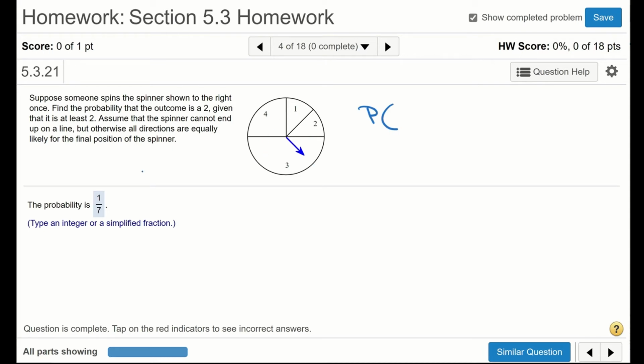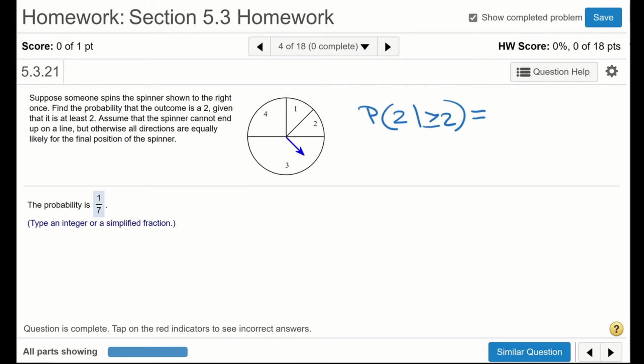We want to know what's the probability that the outcome will be 2, given that we already know that the outcome is at least 2. So that means we know an outcome greater than or equal to 2 has been registered.